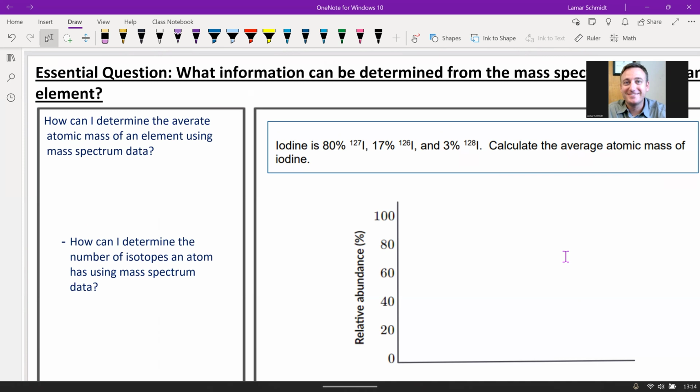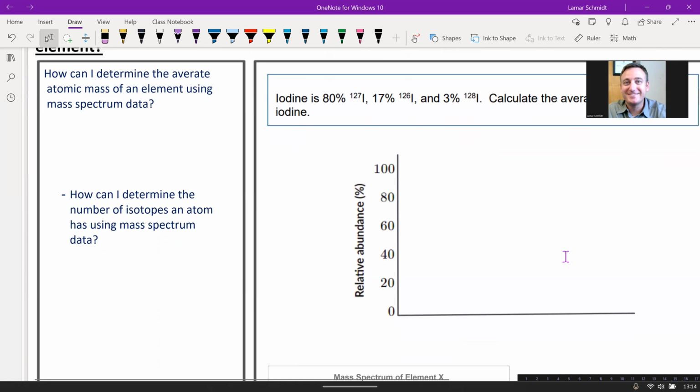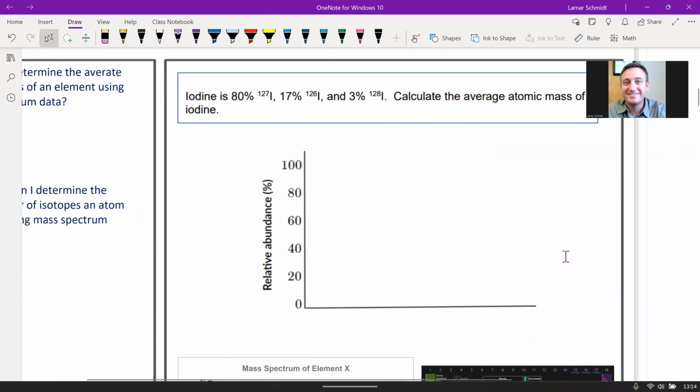So notice we got a graph and it's telling us relative abundance percent, and that's on the y-axis. And then on the x-axis, you will have something like mass number, or something of that nature. And you can definitely tell what isotope you have there.